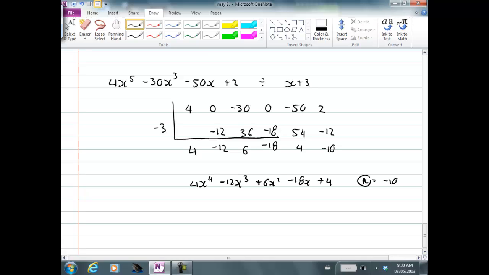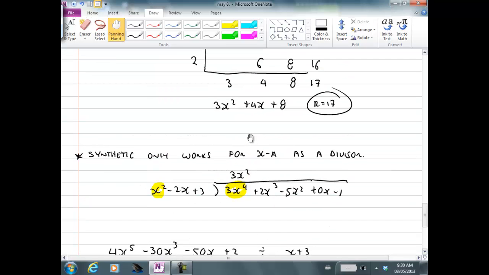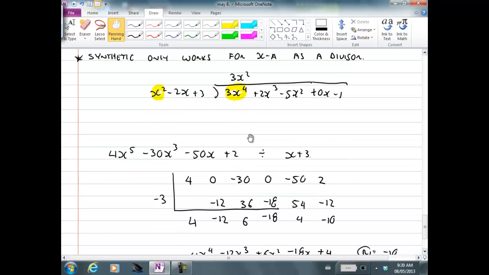That is the power of synthetic. If I were to do this old-fashioned long division way, it would take me about 5 minutes to do. Sometimes synthetic is better. Sometimes synthetic will fail. You have to use your judgment call on when to use long division and when to use synthetic division.